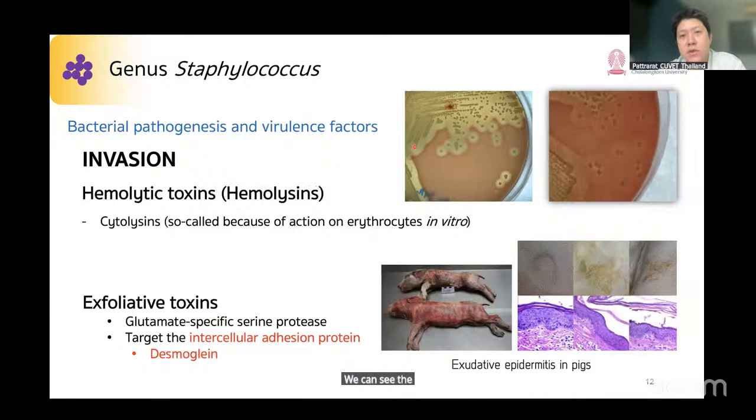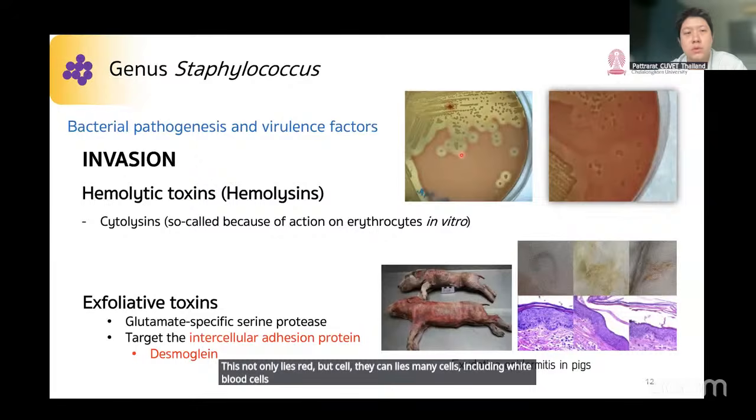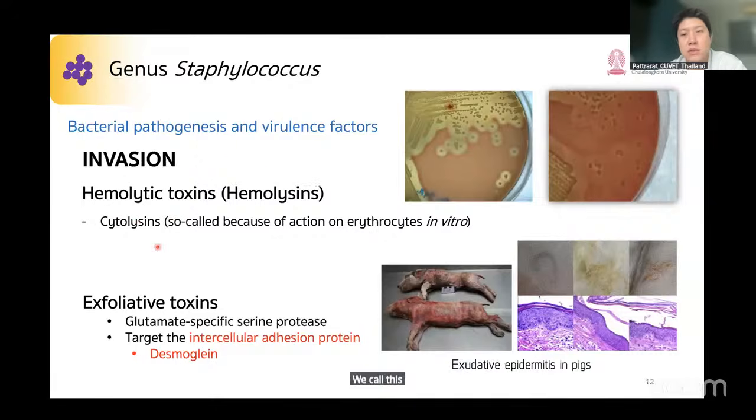We can see the activity when we culture the bacteria on blood agar. The toxins released from the bacterial cells lyse the red blood cells in blood agar. This not only lyses red blood cells, but many cells, including white blood cells and tissues. We call this cytolysin, a toxin that damages cells. But we can see it in vitro using blood agar, so we call it hemolysis.